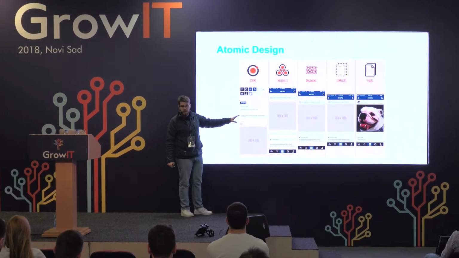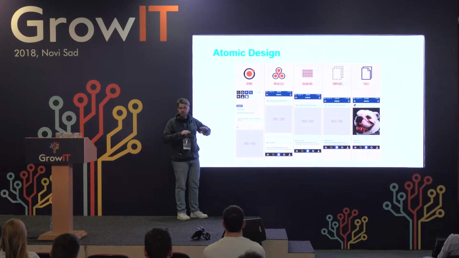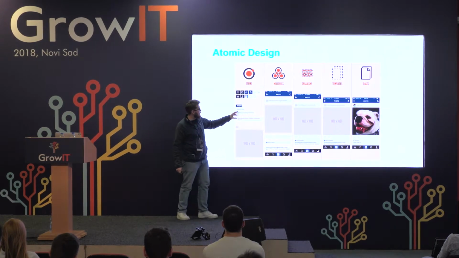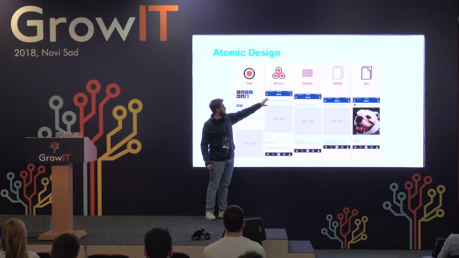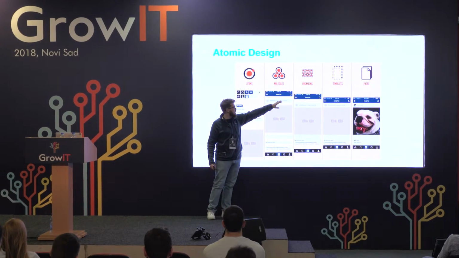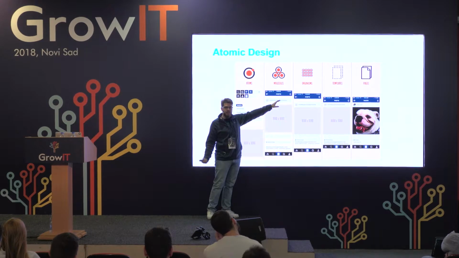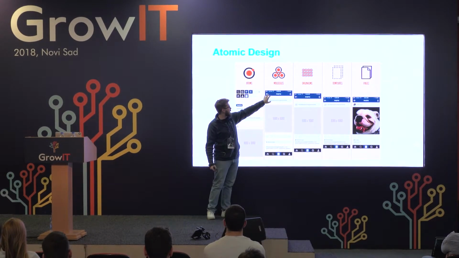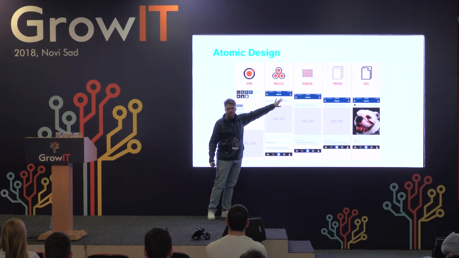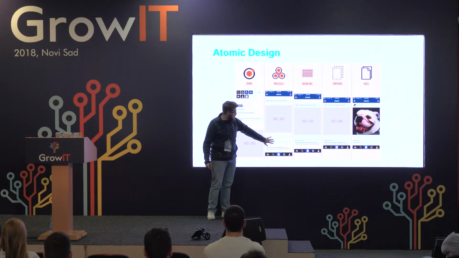Then molecules are where you take those base components and create, for example, a header. A header is an icon and text and another icon, and each icon lives in a button. So it's icon in a button, text, icon in a button. The same goes with all of this.